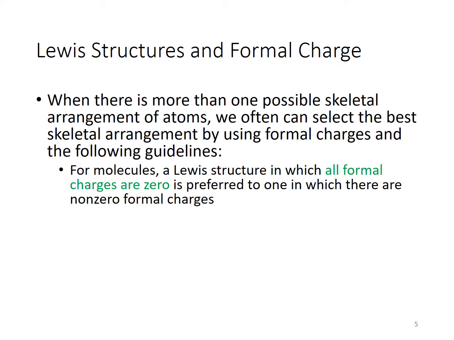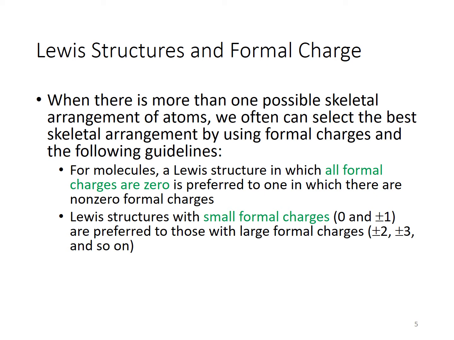Okay, so in determining which one's better, if you have multiple different arrangements of atoms, we can select the best one using formal charges by these guidelines. If you can have something that's neutrally charged and all the formal charges are 0, that's going to be the best situation, as opposed to ones that have non-zero formal charges. Secondly, if you do have to have formal charges, we'd prefer them to be small formal charges.